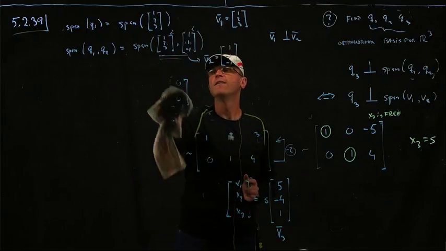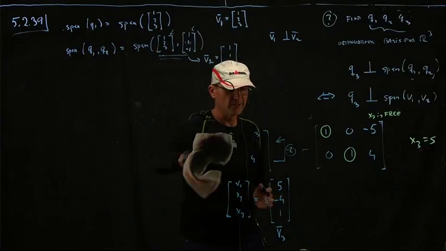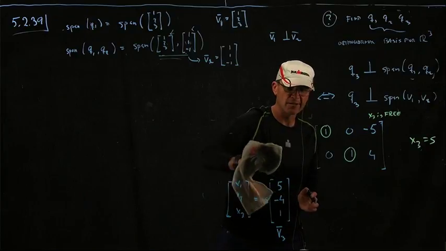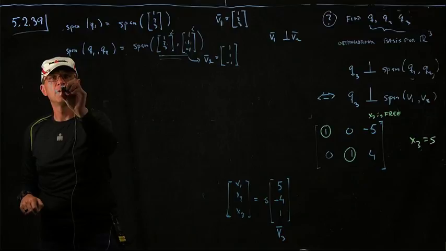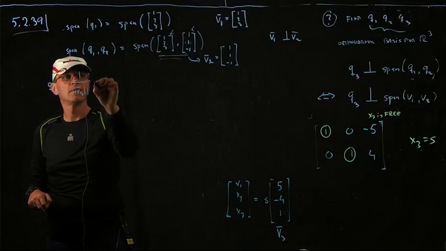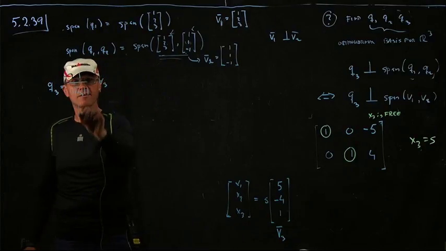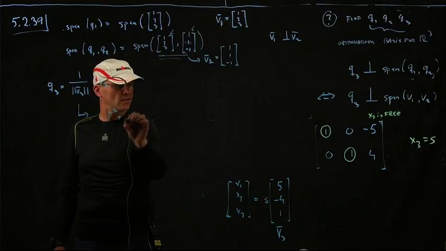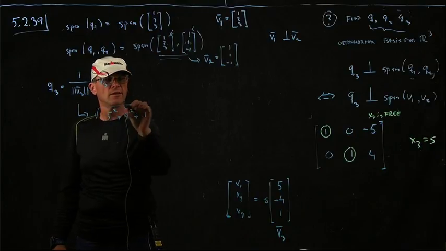Now all we need to do is take the V3 vector, make it length 1, and add it to our Q collection. So Q3 will be V3 divided by the length of V3. That length is the square root of 5 squared plus 4 squared plus 1 squared.